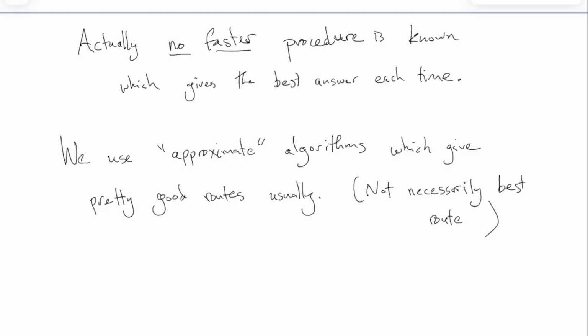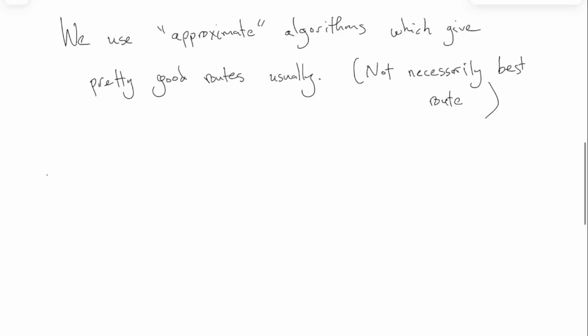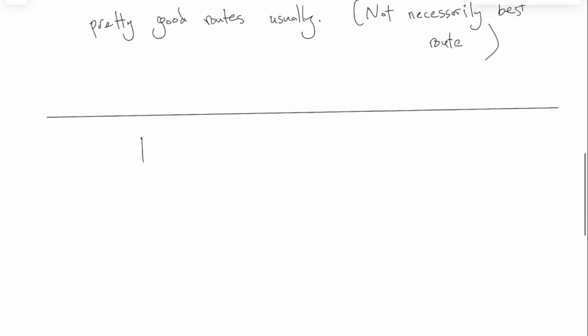All right, so anyway, we are going to use these kinds of algorithms to give you pretty good answers. We're going to talk about two of them, and let's do one today, and we'll do another one next time. And this you'll see on your big checklist of topics. This is called the nearest neighbor algorithm.